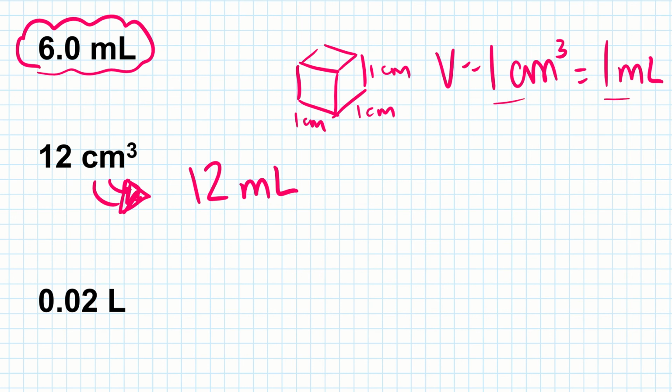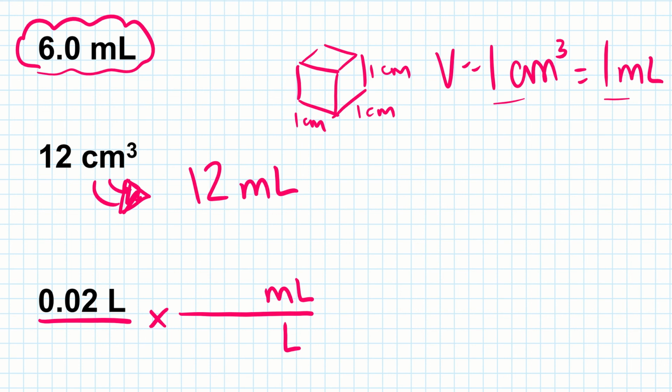Okay, but for liters, it's going to be a little bit trickier. We could use the conversion chart that I gave you guys, but what I would like you to do as honors students is be able to understand how mathematically you can convert between liters and milliliters. So if I'm going to do my multiplication here, I want liters to be converted into milliliters. And I know the relationship.